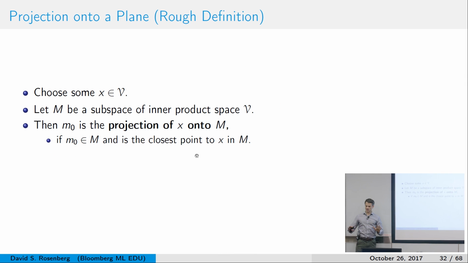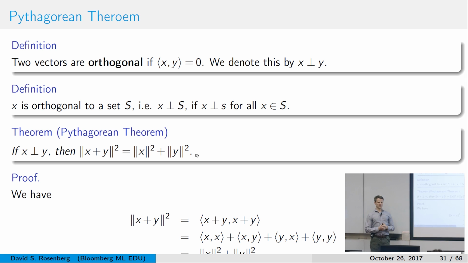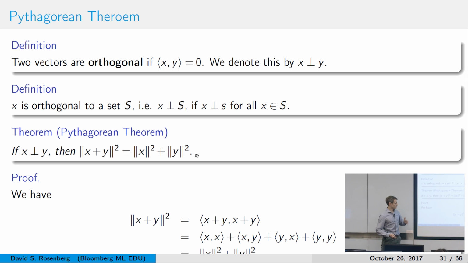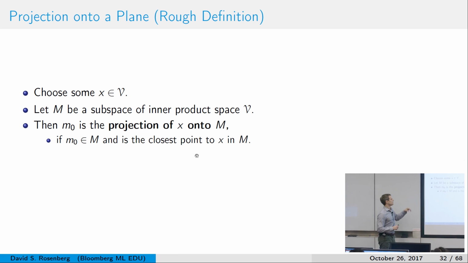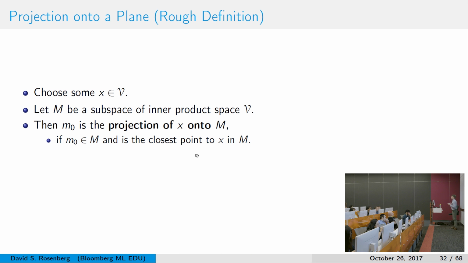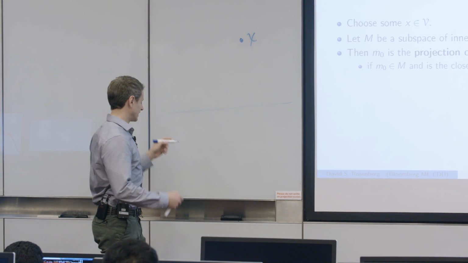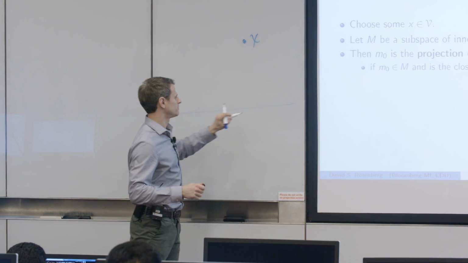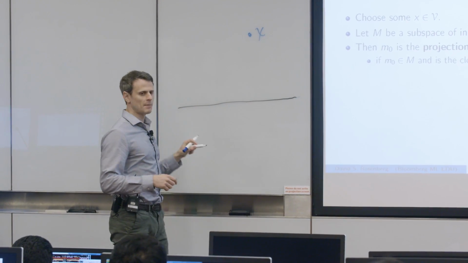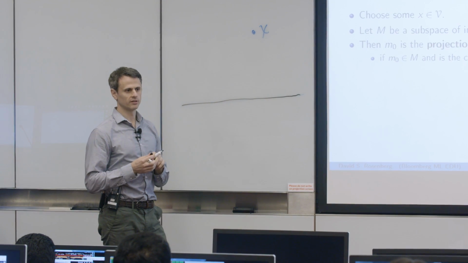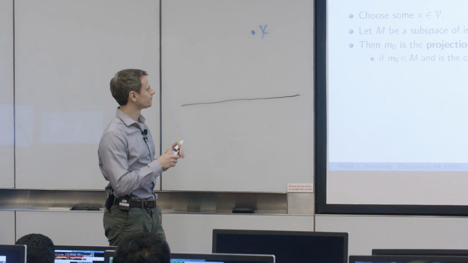So now let's talk about projections. There's basically two things we need to know for the representer theorem. One is this simple thing, the Pythagorean theorem, and the other has to do with projections. I think the working definition in your head of a projection is onto a subspace, which you should picture as a line or a hyperplane. I picture it as a hyperplane through the origin, geometrically. Subspaces go through the origin.